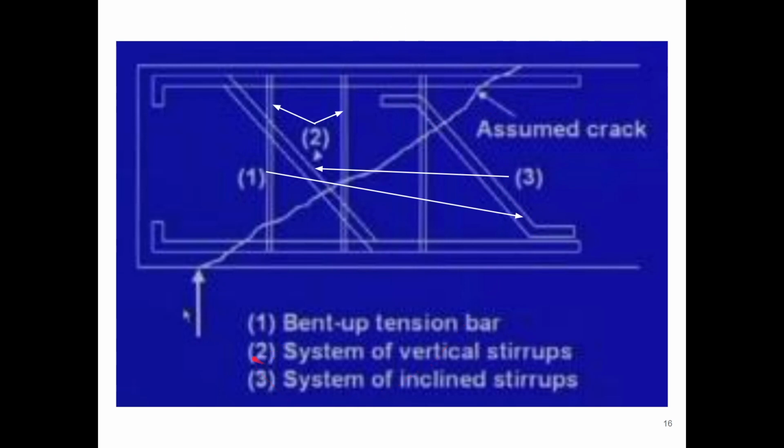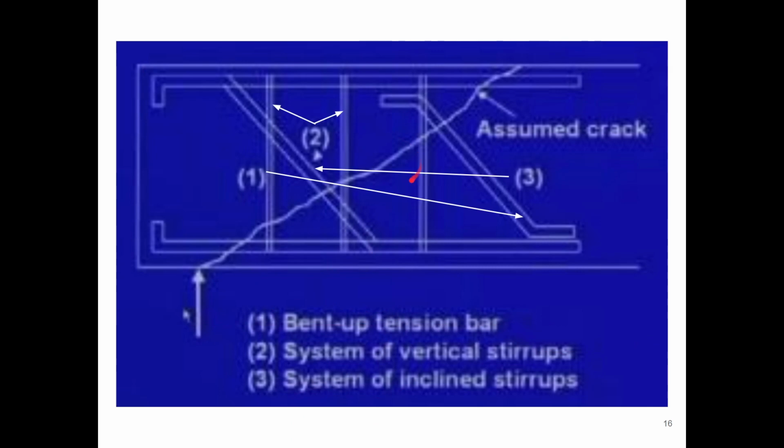Apart from that, what we are talking about now is the vertical stirrups. These are the stirrups which we will be mostly dealing with, the vertical ones. It is called a stirrup because it is in the beam case. In the case of a column, it is called a tie. Same thing.